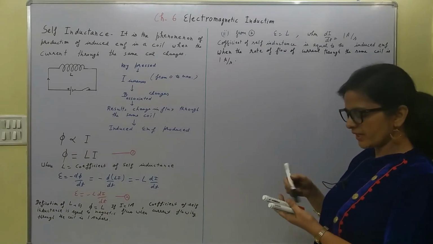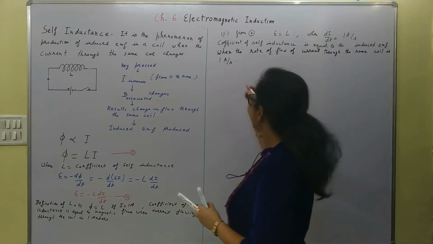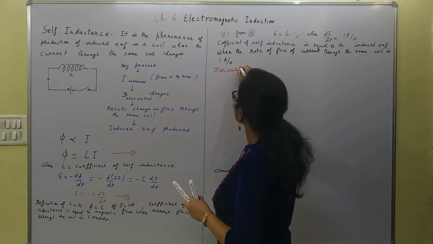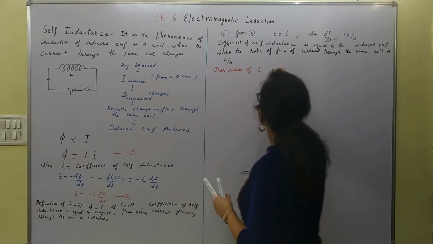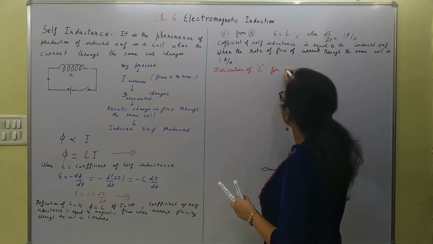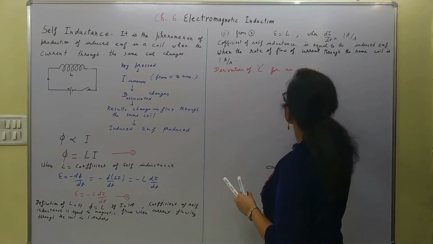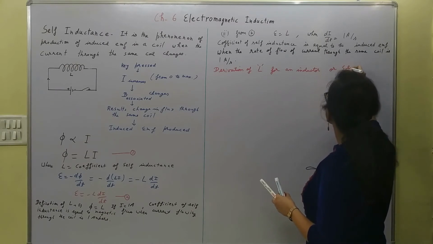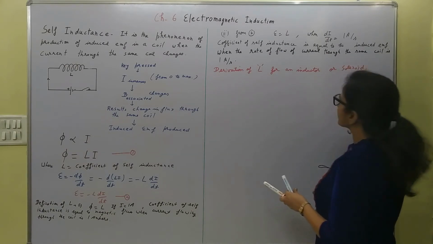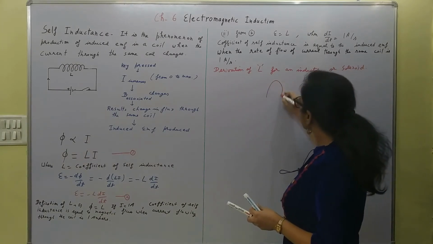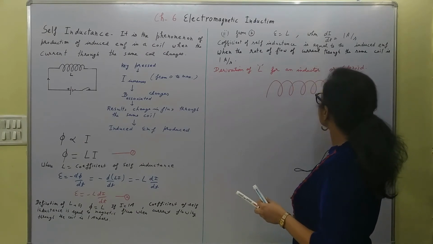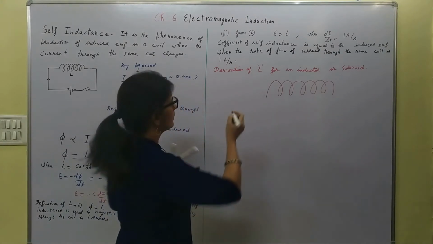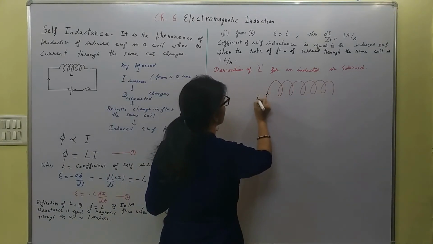So now we can derive the expression for the coefficient of self-inductance. Derivation of L for an inductor or solenoid. For this we are drawing a solenoid where this is the current flowing through it.